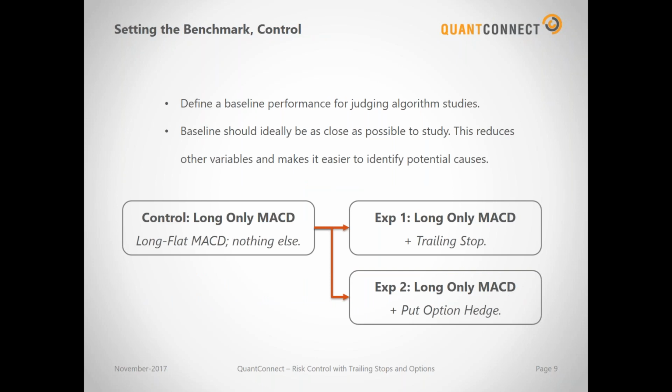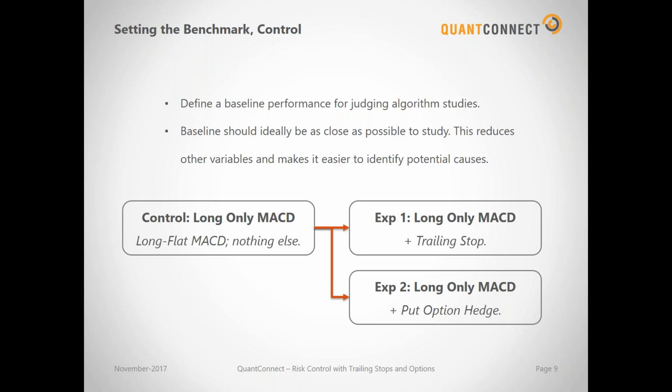So in science, you call it a control, but in finance, you call it a benchmark. So we need to define the baseline performance so that we can judge whether or not risk control has any impact. So the baseline performance should ideally be as close as possible to the other algorithms.